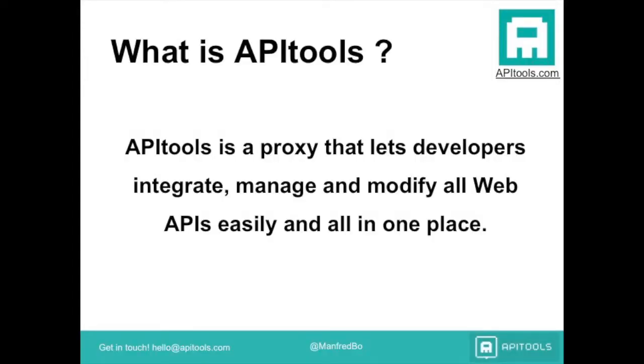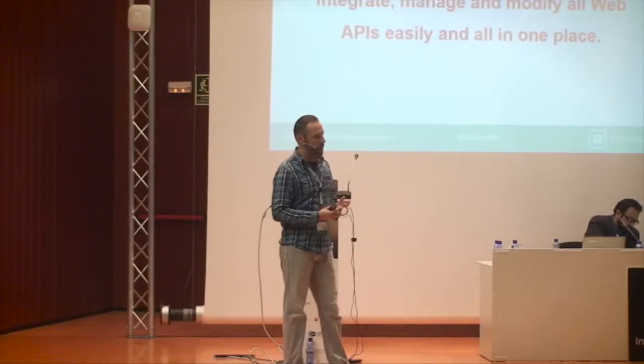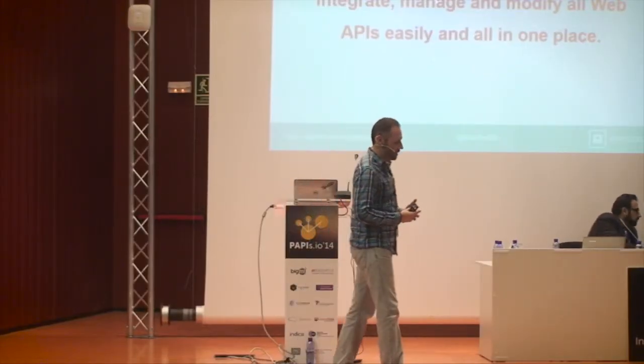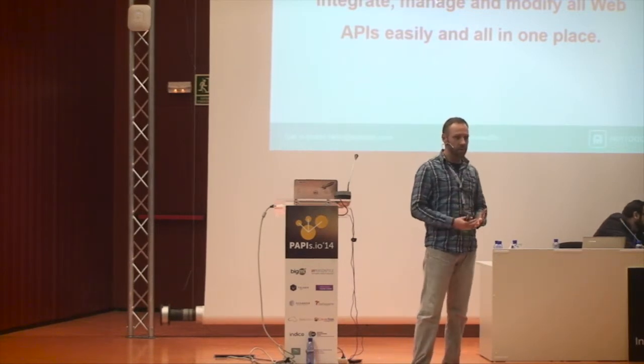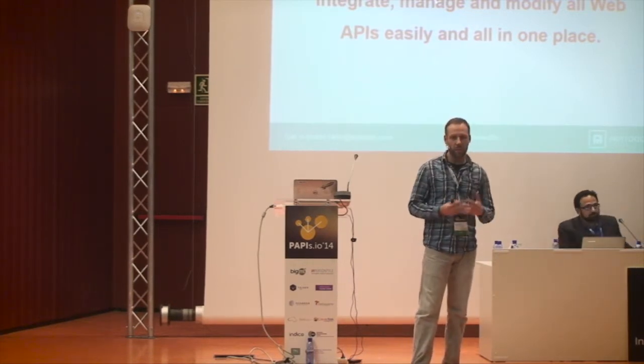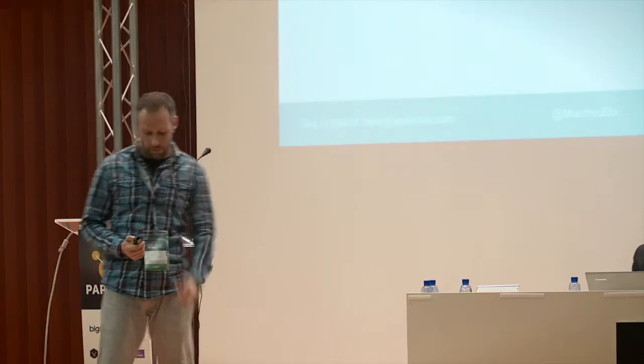What is APItools? APItools essentially is a proxy which sits right in between an API provider's API on the one side and an application or a service on the other side. It's basically a proxy which helps you as a developer to manage the various API integrations you have, to monitor them, to analyze them, to secure them, and also, which is probably the most powerful feature of APItools, to modify requests and responses.